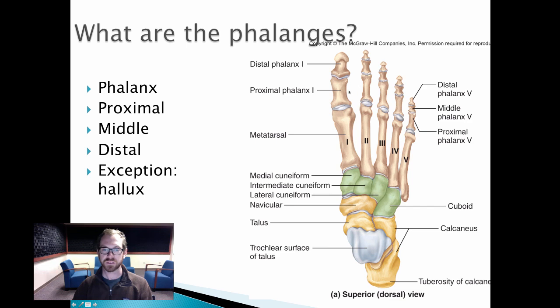So let's go through these. This would be our proximal phalanx 1, distal phalanx 1, proximal middle distal phalanx 2, proximal middle distal phalanx 3, proximal middle distal phalanx 4, proximal middle distal phalanx 5.